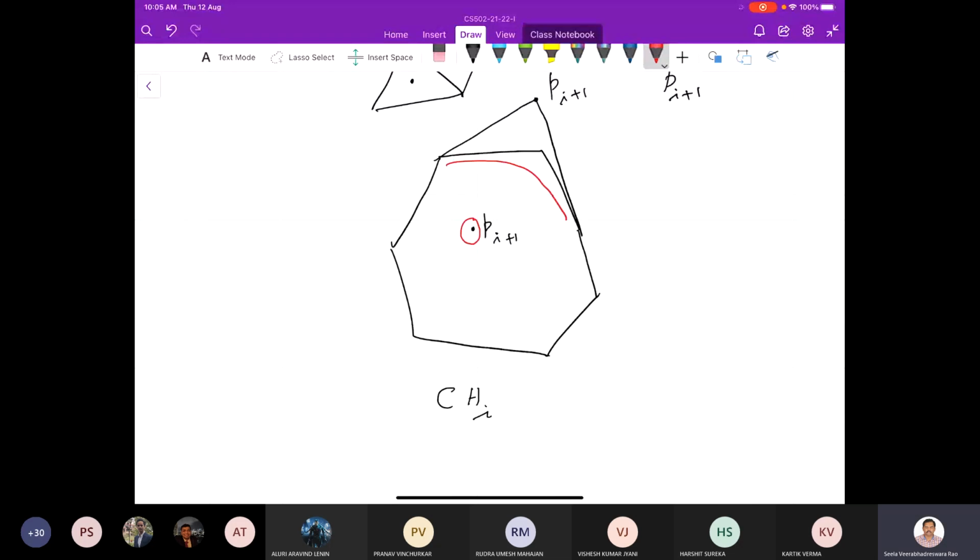So given a convex polygon in a 2-dimensional plane and a point Pi plus 1, how can we check whether this Pi plus 1 is inside or outside? How quickly can we do it? Think about it.